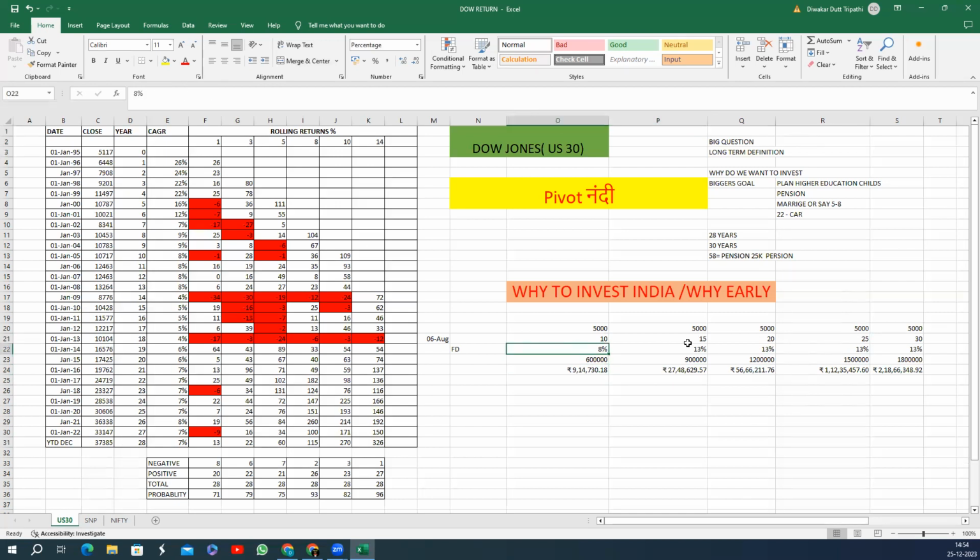I am just taking very nominal returns of 13%, very conservative returns. That person is very normal. He is only investing in an index and getting only 13% return, and that is why the value has come to around 27 lakhs.